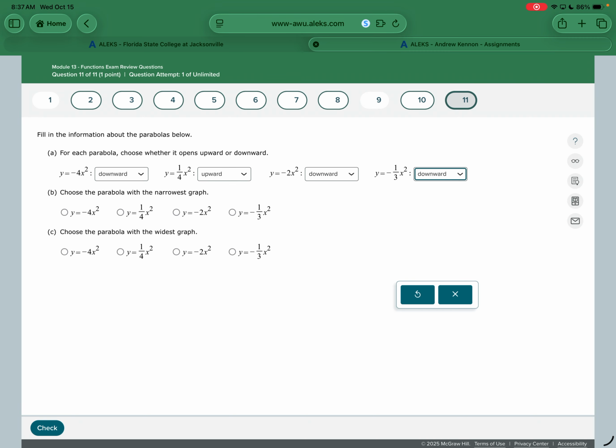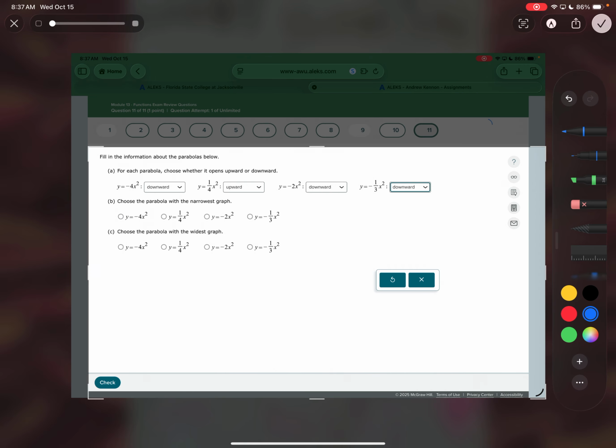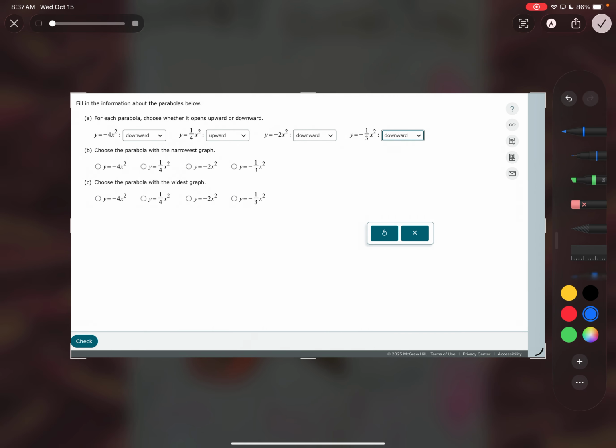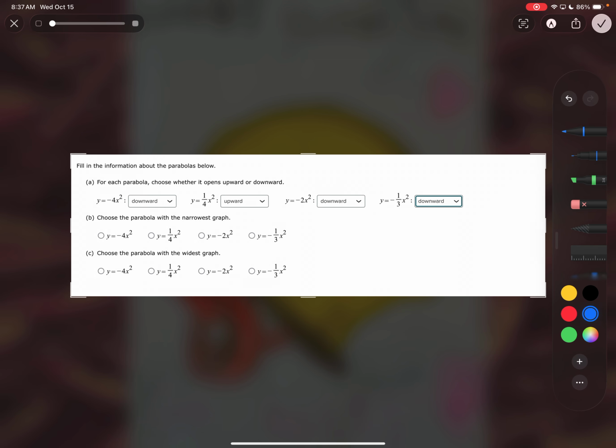The narrowest graph, okay, if you got to think about this for a second, that is fine. But the narrowest graph does not matter if it's positive or negative, it is how fast it goes up. Let me just draw a couple pictures here.